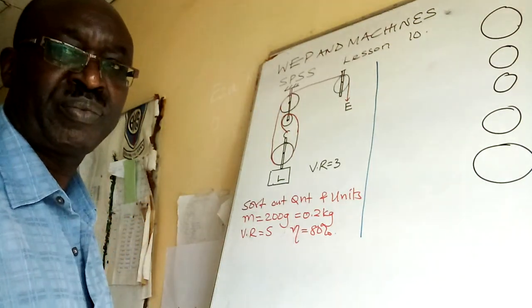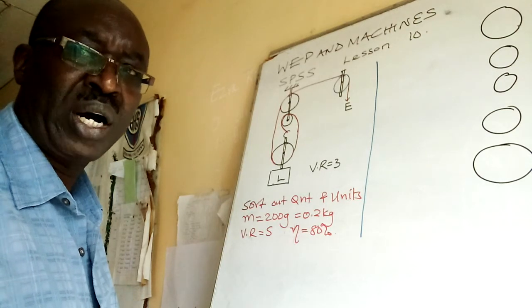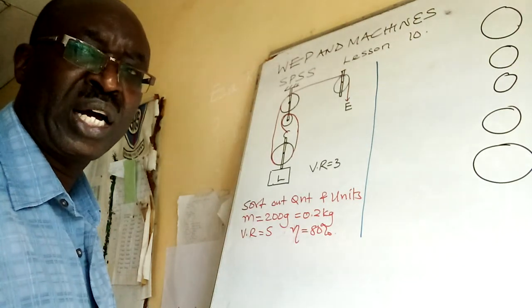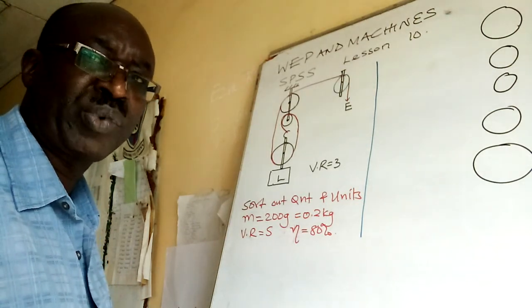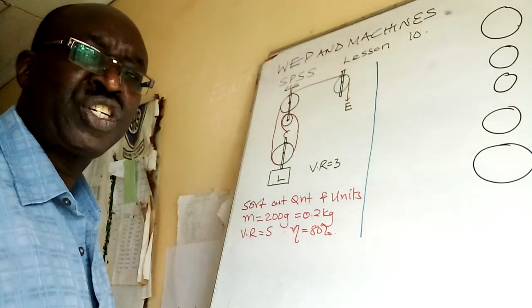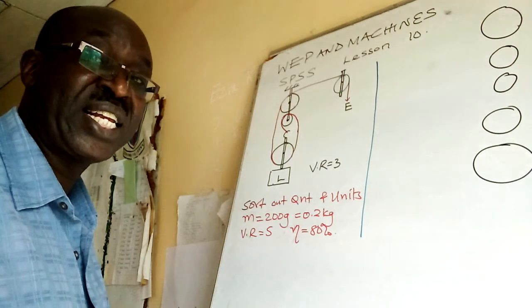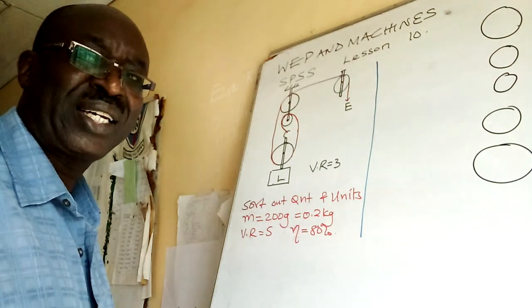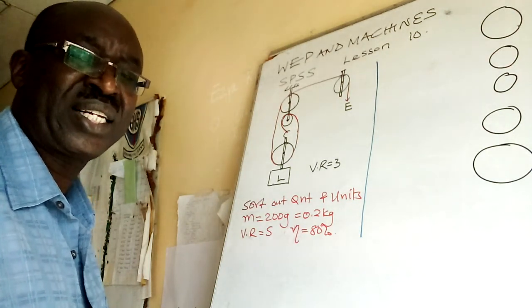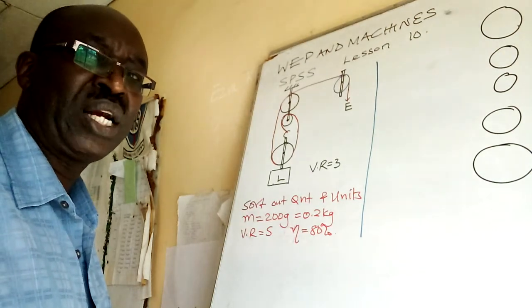Remember how I told you the surest way to determine the number of pulleys is to see the tension in the threads, the tension in the threads that hold the load.